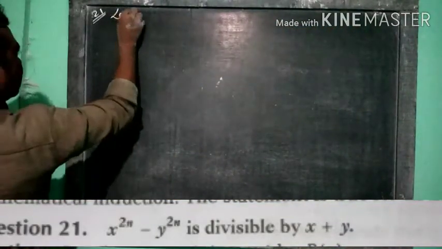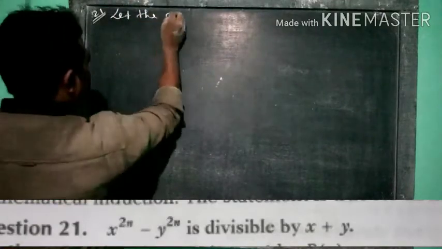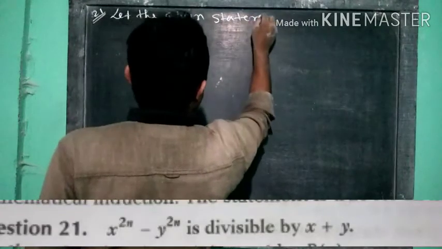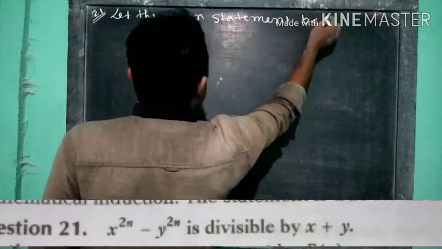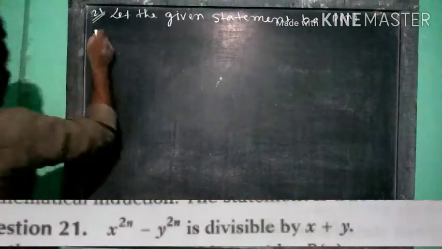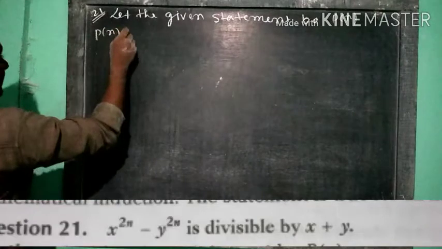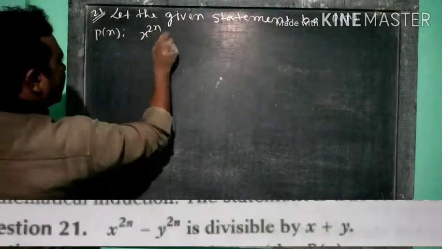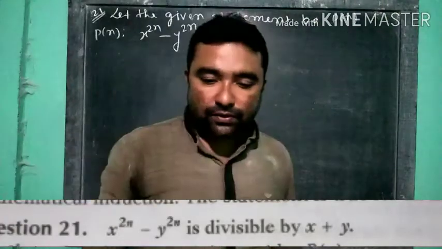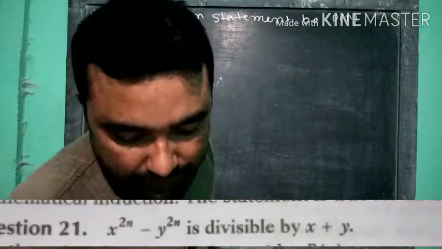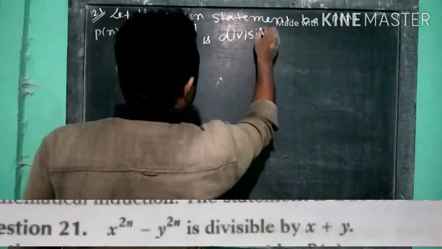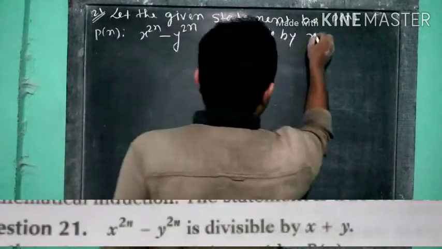Let the given statement be P of n, that is, P of n such that x to the power 2n minus y to the power 2n is divisible by x plus y.